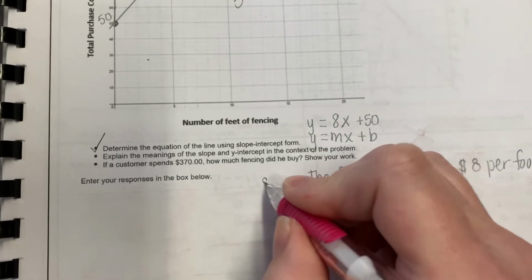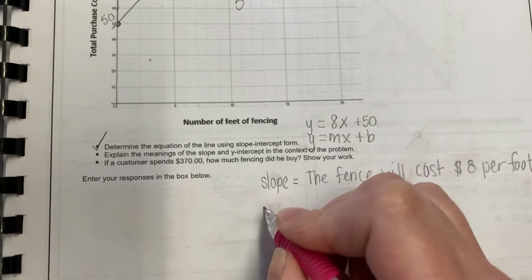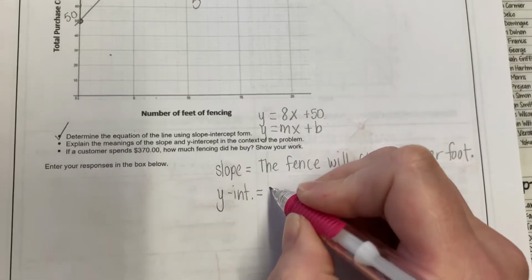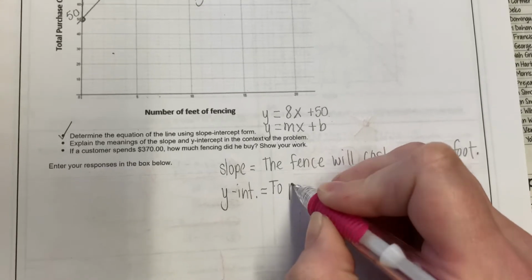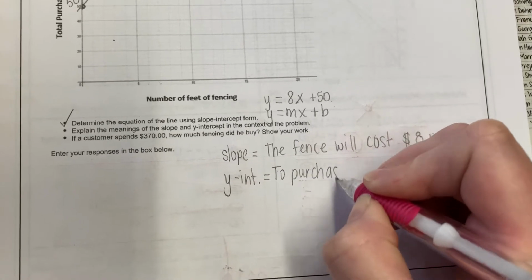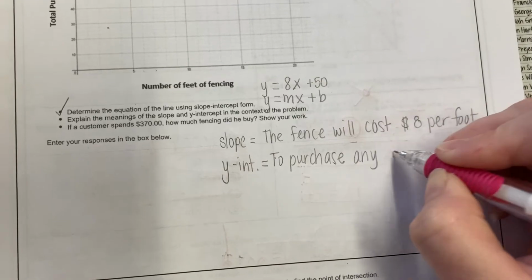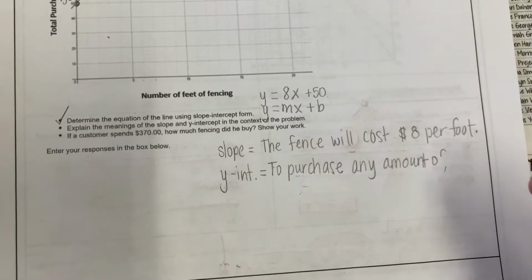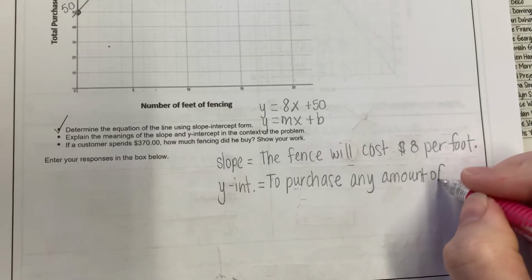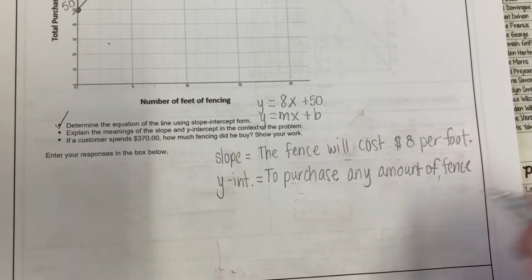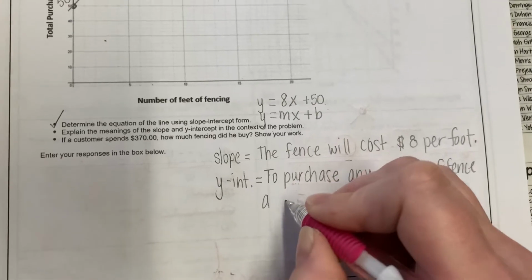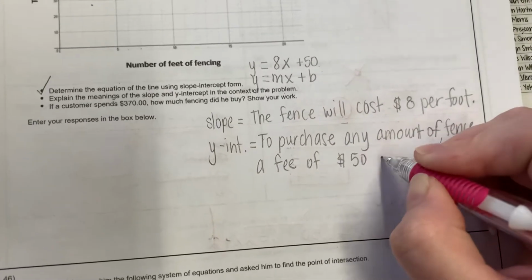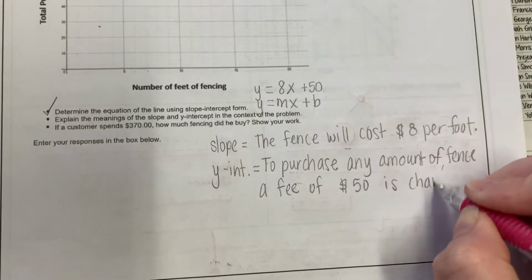The y-intercept means that to purchase the fence, so to purchase any amount of fence, a fee of $50 is charged.